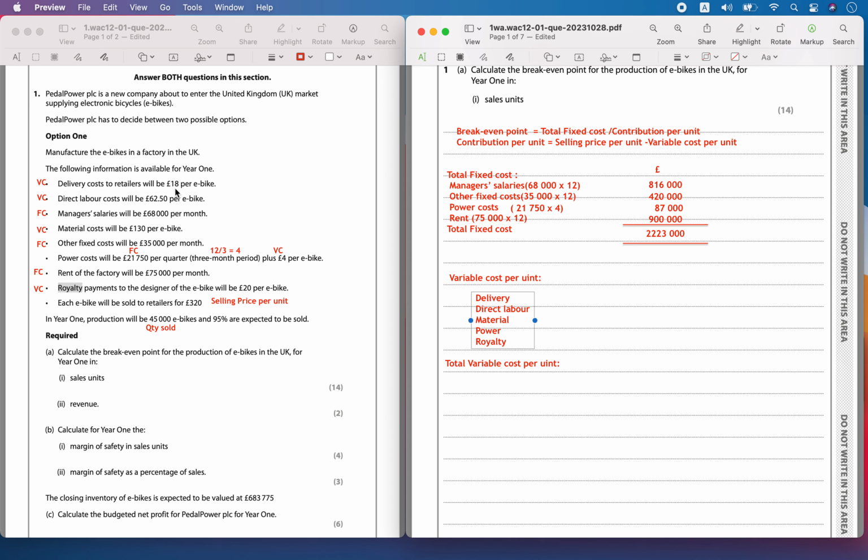Now let's find out. The delivery cost is 18 pounds per e-bike. So let's write here 18. Then you have direct labor which is 62.5, and then the material cost per unit is 130 pounds.